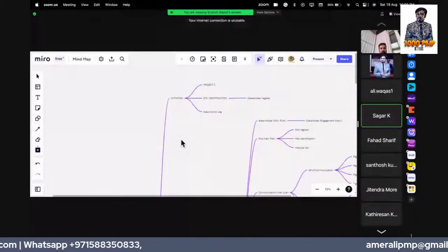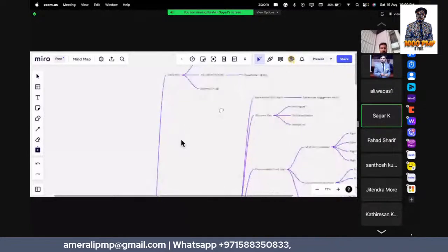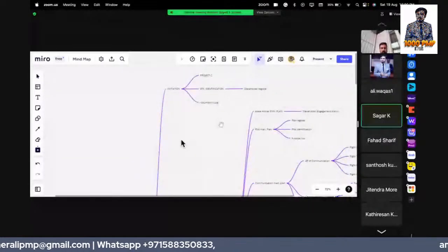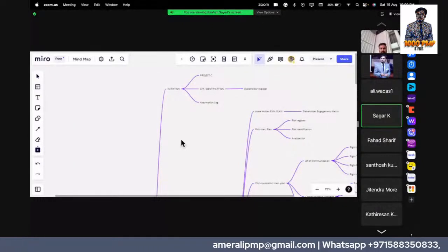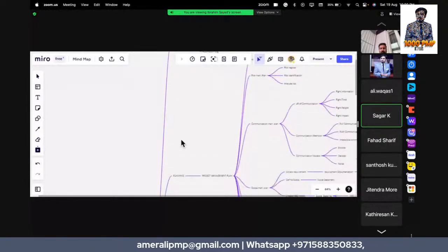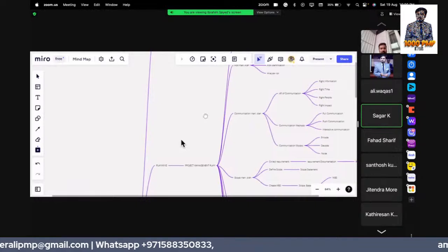While identifying stakeholders, the basic output is the stakeholder register. Once initiation is completed with the project charter, the next process initiates, which is the project management plan.